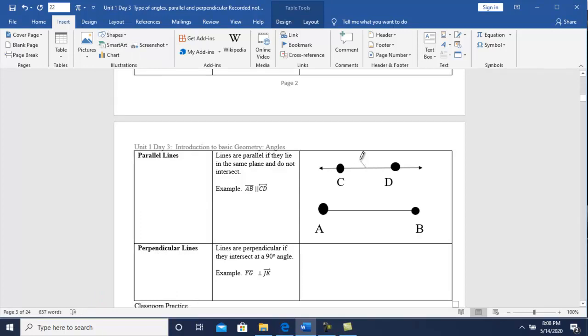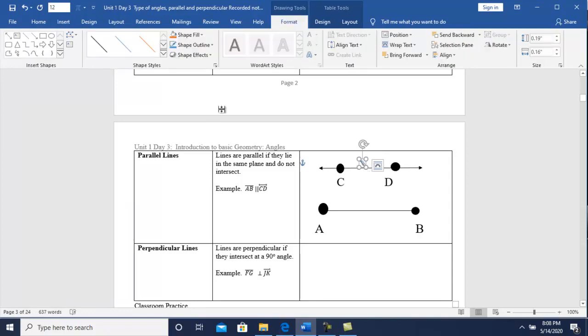Generally speaking, what we would draw are arrows. You could do one arrow on top, and you're going to put one arrow on the bottom.